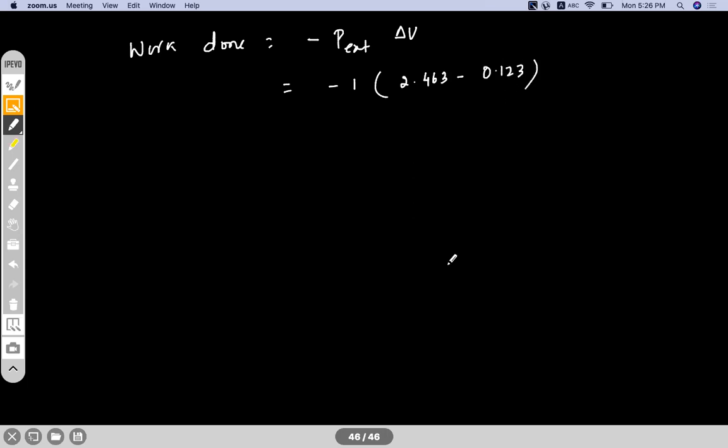This is the change in volume we have. So when you solve this, again you will get minus 2.340 atm liter, which again you can convert into joule, and that would be minus 236.95 joule approximately.